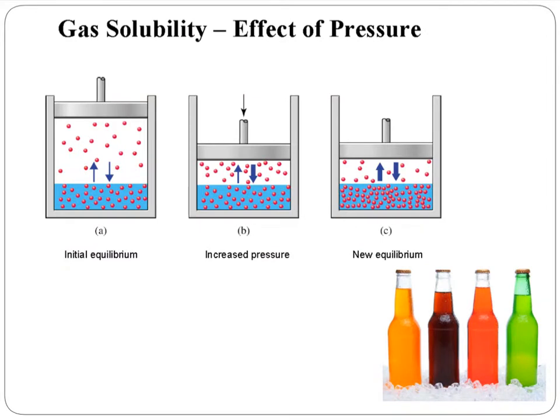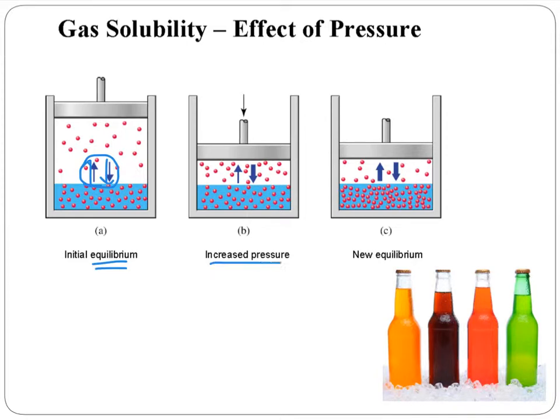This illustration might help you visualize what happens when you increase pressure in a situation where gas is dissolved in liquid. The gas is actually existing in equilibrium with the gas in the atmosphere above the liquid and that gas dissolved in the liquid. Some particles are moving out and others are moving back in, but at equilibrium the rate is the same, and so nothing really changes.